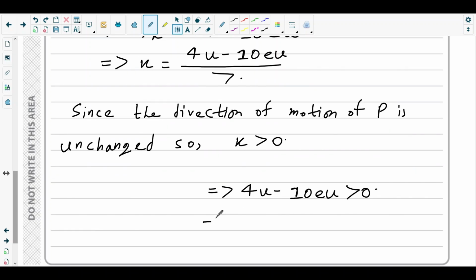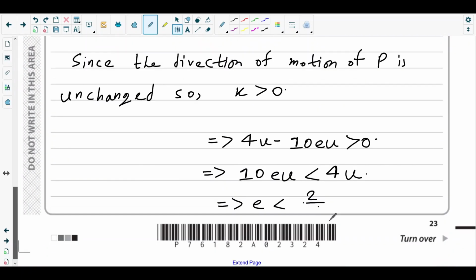So from there take 10eu to the other side, to the less than side, so 4u, and therefore e should be less than 2 over 5.